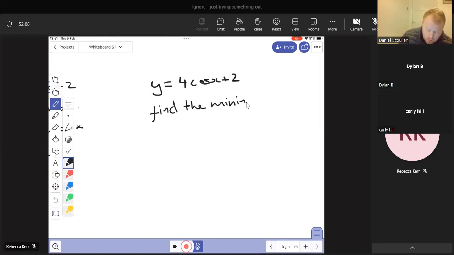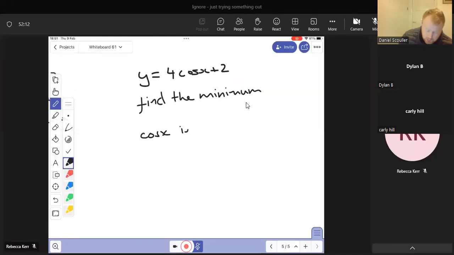We know cos x is at a minimum at -1. So just the cos x graph, it reaches the bottom of the graph at -1. So we can substitute that in.